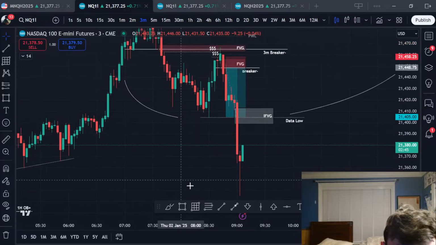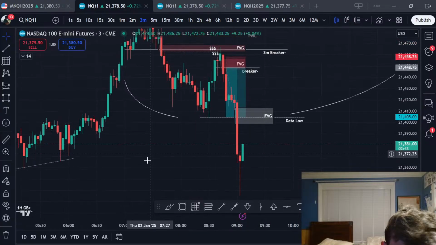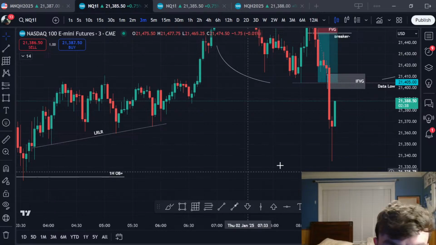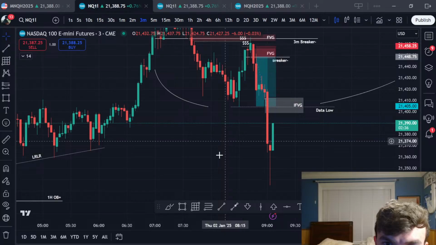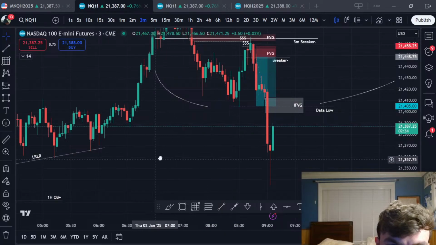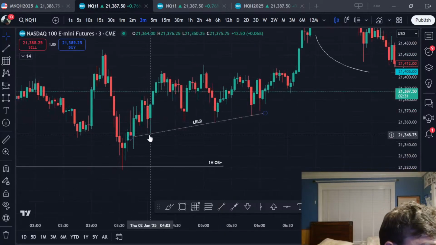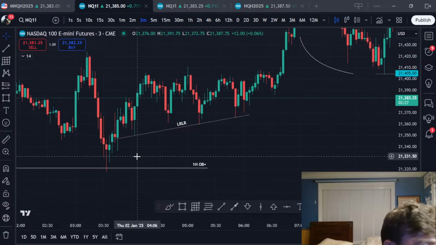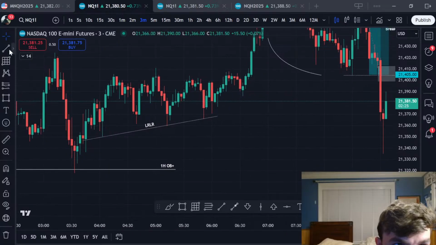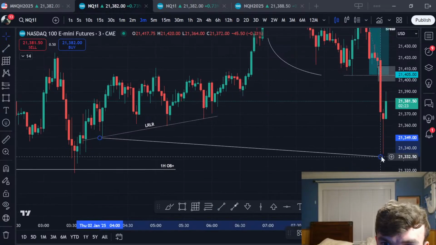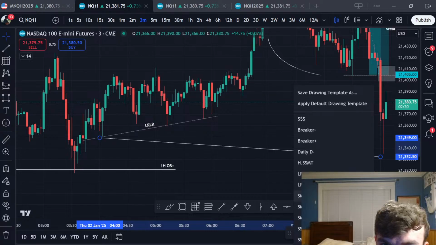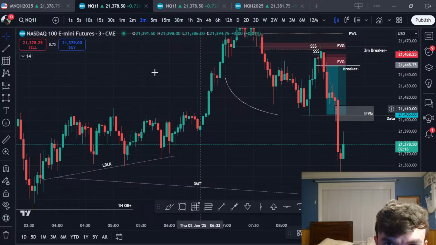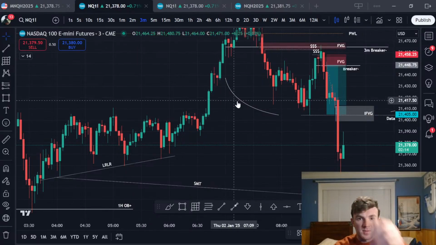Yeah, if we don't have a good model framed, it's not worth taking any trades. Because I thought that we were going to hold this 1 hour order block. We end up getting SMT with this low. Once again, we still have this 1 hour order block here.